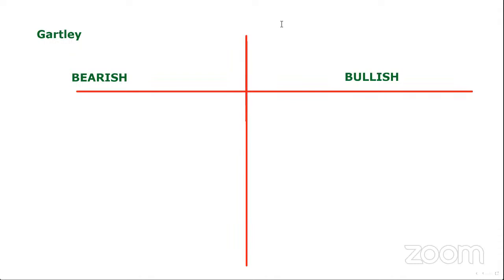We're going to start with X. Then the market goes upwards from this point. Then we're going to have A. Then it goes down from this point. Then it goes up again.